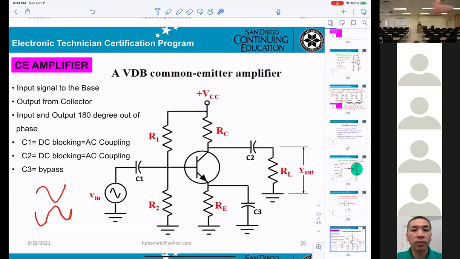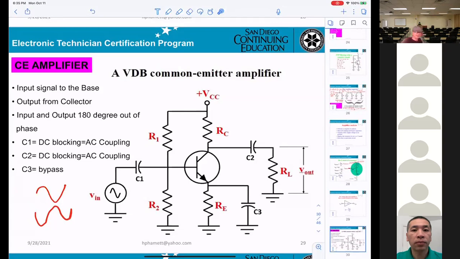Output will be coming out from the collector. And the input and output will be out of phase, that means opposite. Input positive, output negative. Input negative, output positive.